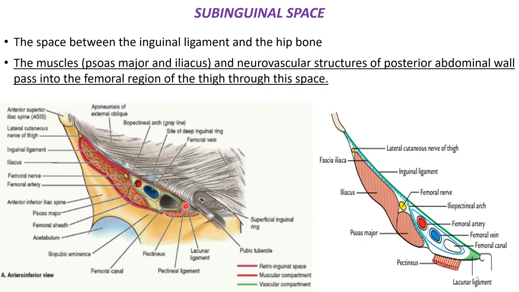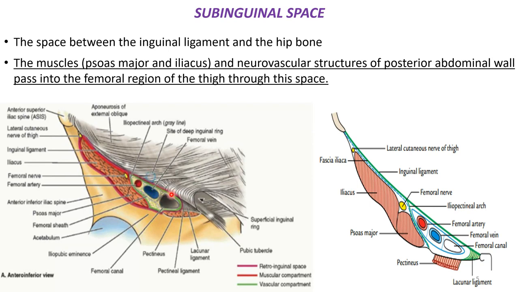Then medially, there is another compartment or a portion that will contain blood vessels. And you can see our femoral artery here. You can see the femoral vein. Okay.